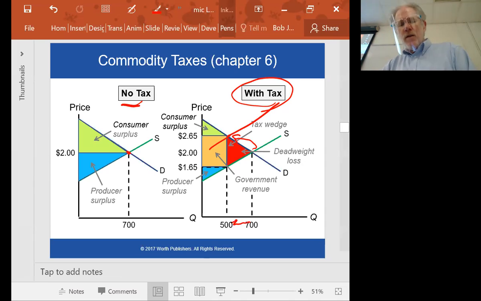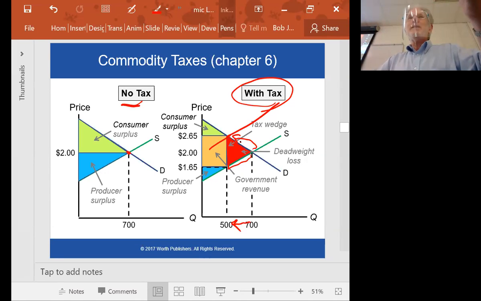Output goes down, and we said this area is the inefficiency caused by the tax. Under normal circumstances, you impose the tax, it reduces output, it causes the price to be wrong, and it causes the gains from trade to be reduced.